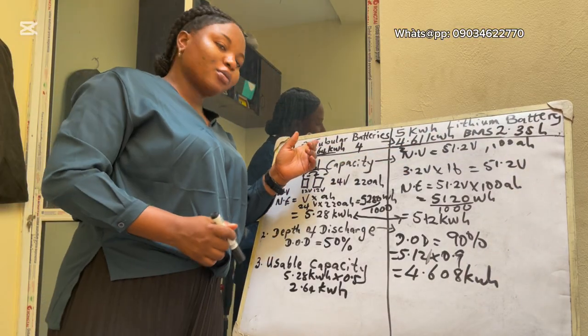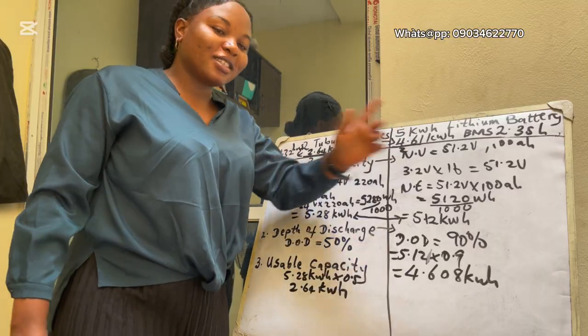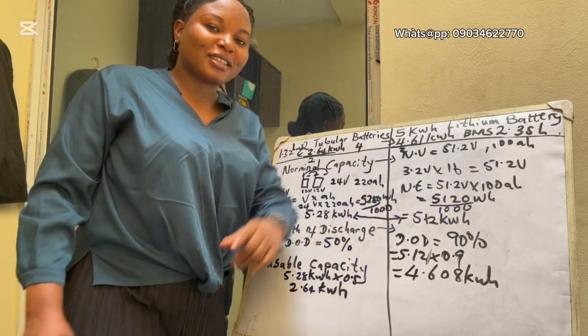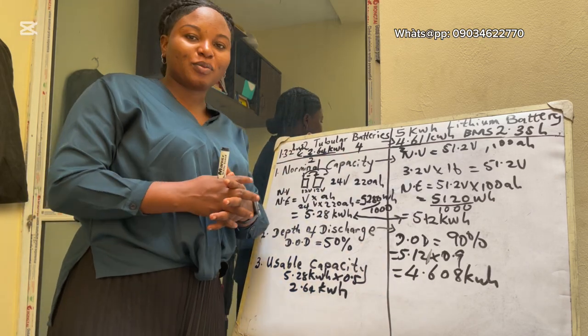So somebody using the two tubular batteries will use it for 1 hour 30 minutes, and somebody using the 5 kilowatt lithium hour battery will use it for about 2 hours. So which is bigger? 1 hour, 2 hours. You see that this is bigger, right?